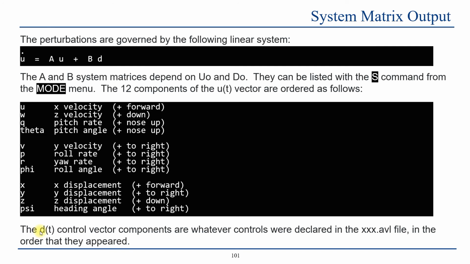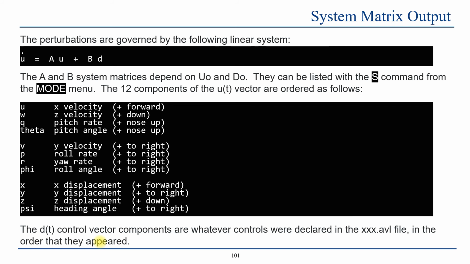Additionally, the control vector components, which relate to the d parameter, are related to how they are declared in your geometry file, because you can have as many control surfaces, or sometimes none. And they will be in the order that they appear. So if you first defined ailerons in your geometry file, they appear first as D1 in your control input.